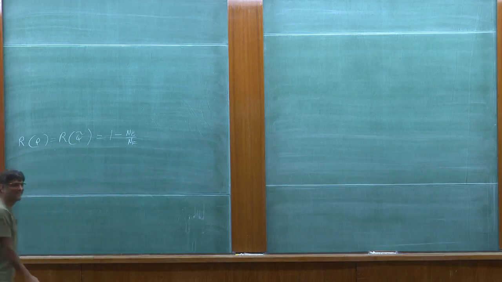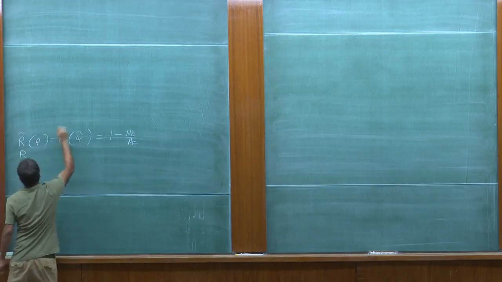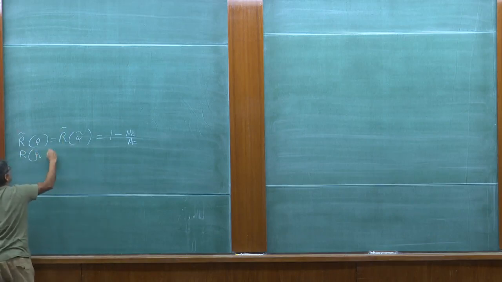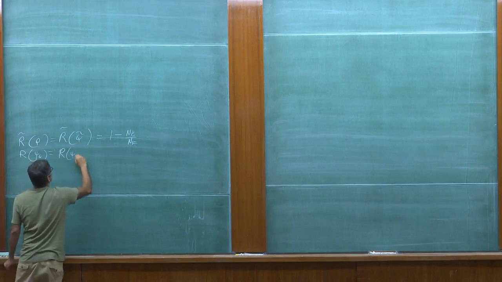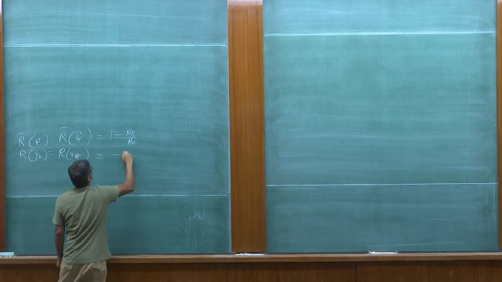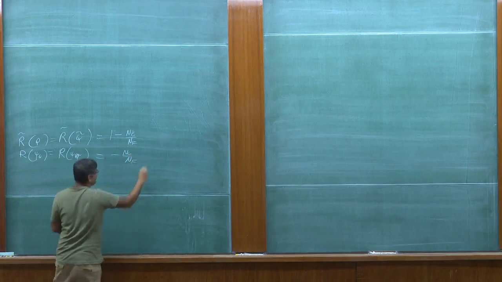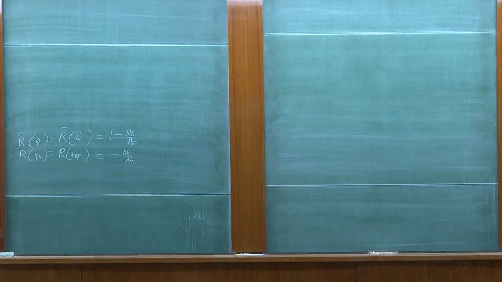And therefore the true R charge of psi q, which is the R charge of psi q tilde, is equal to minus NC by NF. Everything else is obvious. This is the one thing to keep in mind.